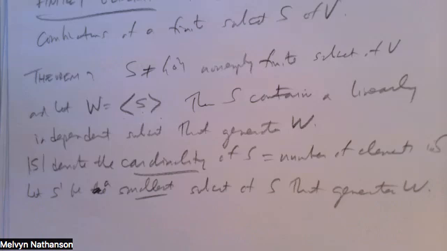Maybe there's a set with 90 elements that generates W. Maybe there's a different set with 39 elements that generates W. For every subset of S that generates W, there's a number of elements in each one. Choose the smallest number of elements of any such set, and choose one such set and call it S prime.